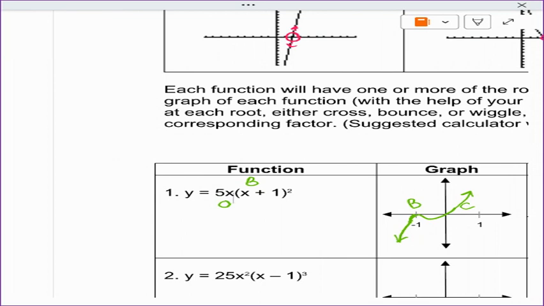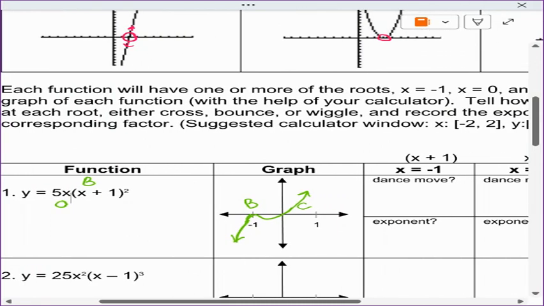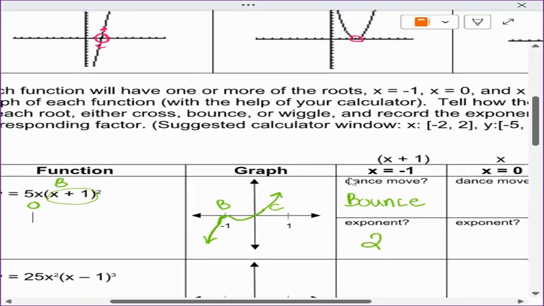Oh my gosh. Okay. So, what is the dance move when x equals -1? Well, it's a bounce. What's the exponent? It's degree 2. The bounce is happening right here. Well, there's nothing happening at +1. I'm not that far yet.